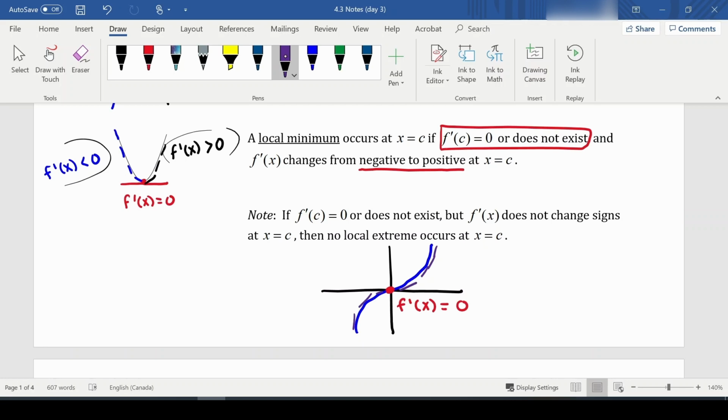So I do not have a local max or min. So in addition to having f prime of c equal 0 or not exist, we also have to have a change in sign of f prime to determine if we have a local maximum or minimum at that value.